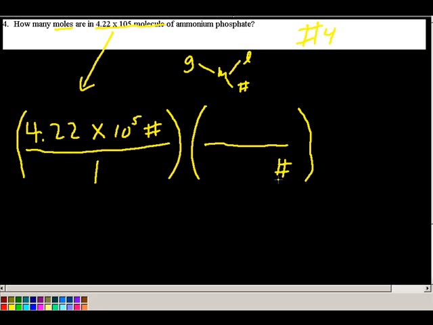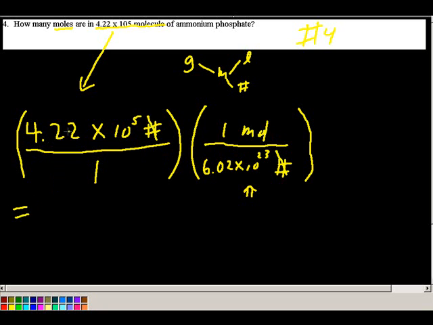So this is going to be my unit ratio. What's my unit ratio? Well, I'm going to go from the number of items to moles. So this must be the number of items to mole ratio. And 6.02 times 10 to the 23rd is 1 mole. So we can cancel out the number of items to number of items. We're going to now multiply it through.